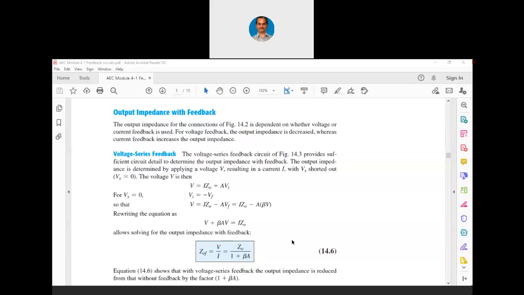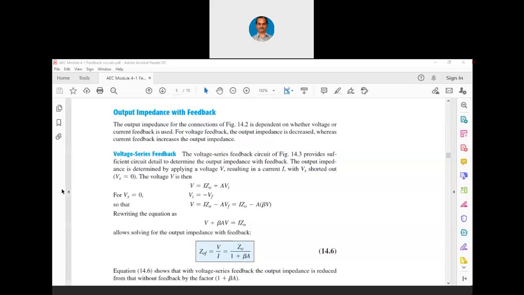Even though as far as amplifiers are concerned we are discussing 1 plus A beta, next semester you are going to study a course called Control Systems, where the same feedback concept is applied to all other engineering systems in general, not just electronic systems. It can be any electromechanical system also. Even mechanical engineers study all these concepts as far as their systems are concerned.